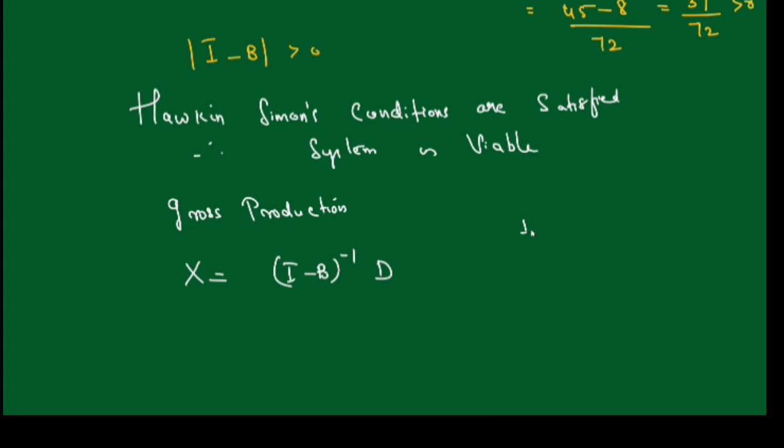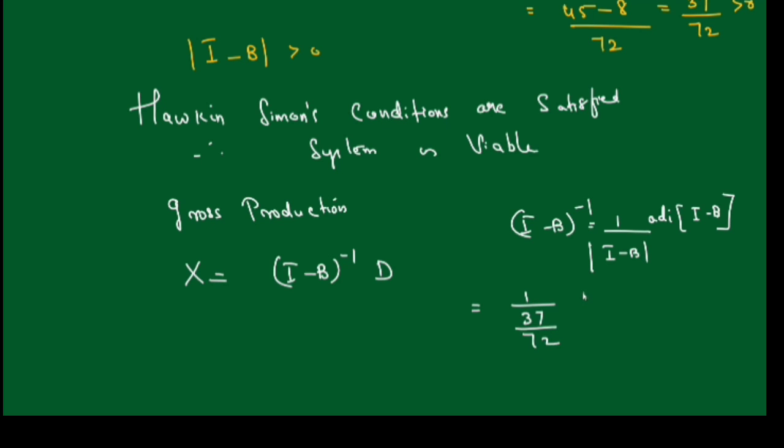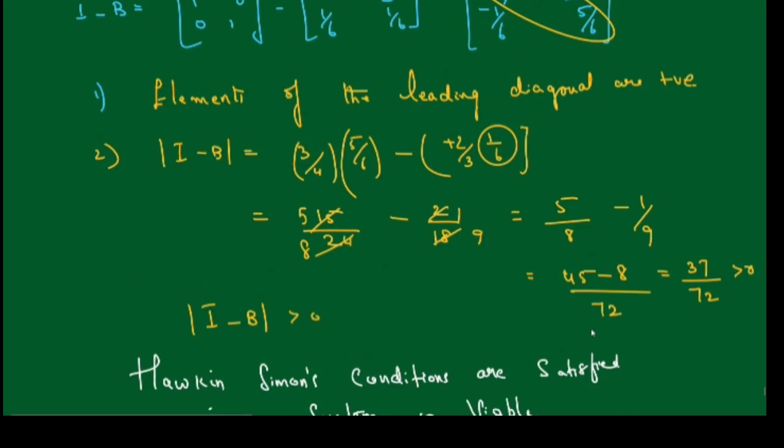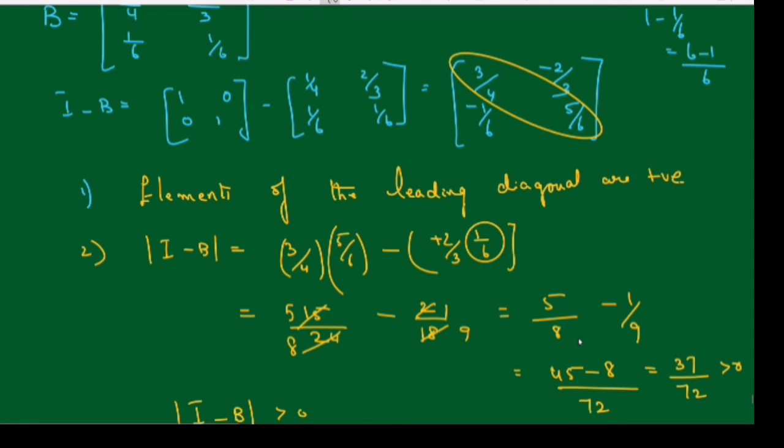So the formula for I minus B inverse is 1 by determinant of I minus B into adjoint of I minus B. That is 1 by the determinant we already found, 1 by 37 by 72. Adjoint, how do you find the adjoint? Interchange these two and change the sign.